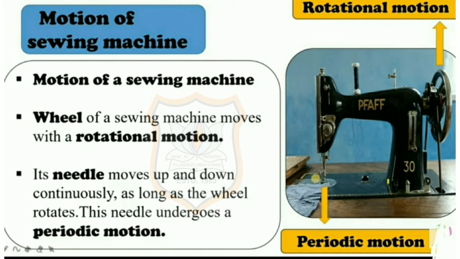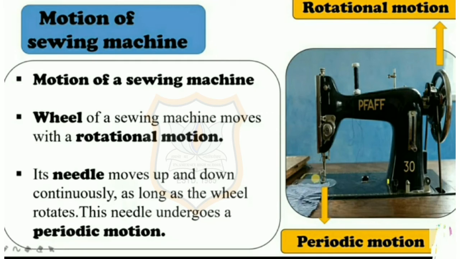Motion of a sewing machine. Wheels of a sewing machine move with a rotational motion. You can see in the slide with the arrow it has been shown. Its needle moves up and down continuously as long as the wheel rotates. This needle undergoes a periodic motion.